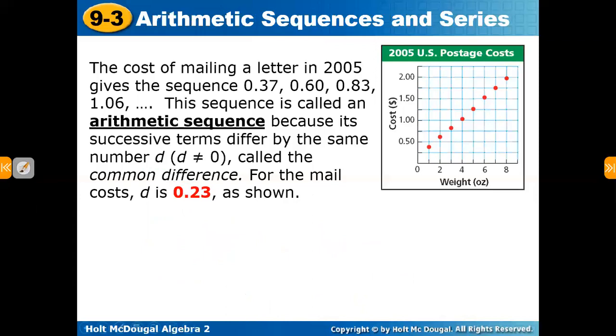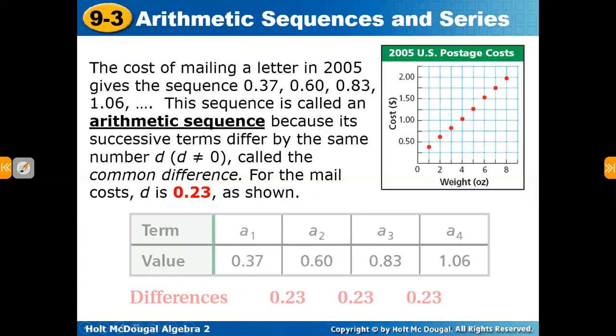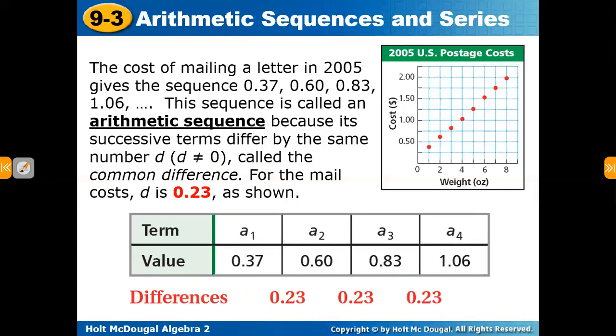So A1 is taken as 0.37, A2 is 0.6, A3 is 0.83, and A4 is 1.06. Now when you subtract A2 minus A1, that means 0.6 minus 0.37, you will get the value 0.23.